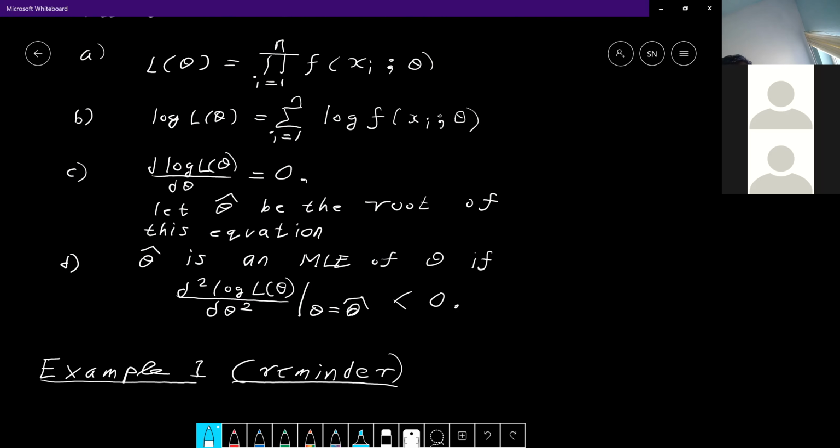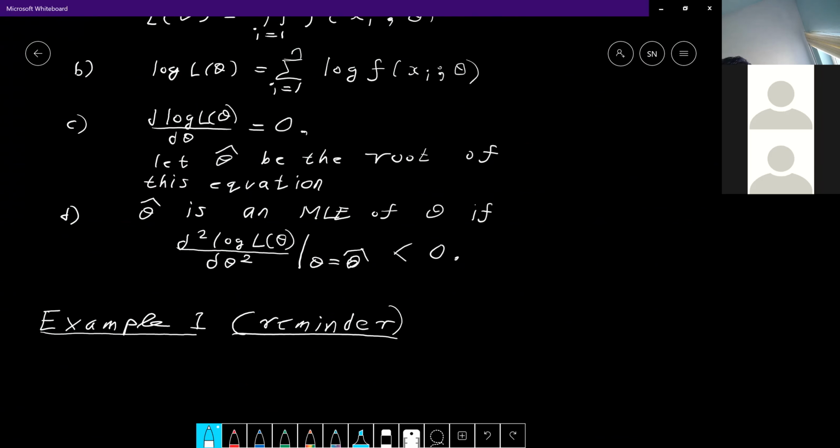So suppose you have a random sample which are IID from the exponential distribution with parameter theta.